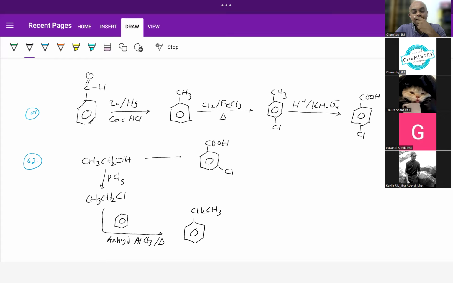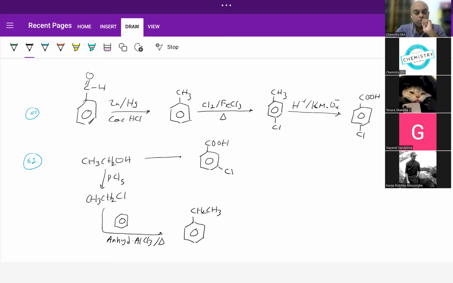Then there is a pretty interesting reaction in benzene. Whenever you have one CH3 group attached to the benzene ring or CH2 CH3 attached to the benzene ring, when it is oxidized by using H plus MnO4 minus ions, it is converted into a COOH group.